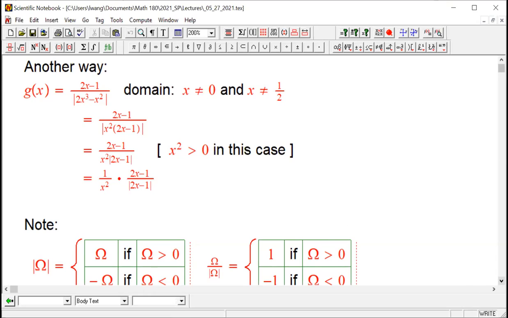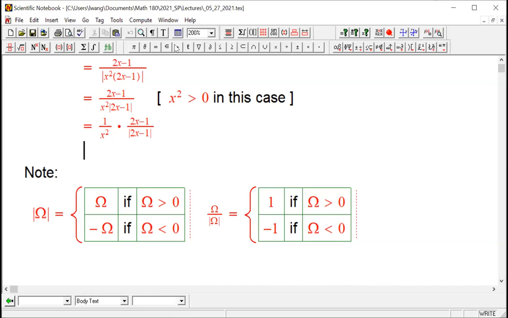So now here, you're going to get two branches, right? Two branches, and your omega is 2x minus 1. Do you guys see that? 2x minus 1. Okay, so we're going to have that two branches.